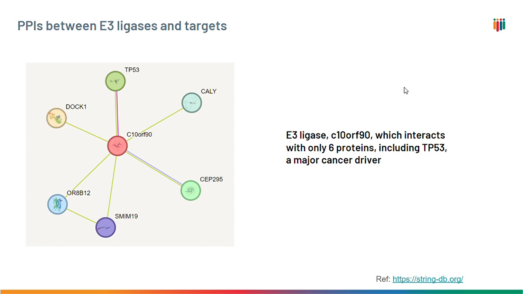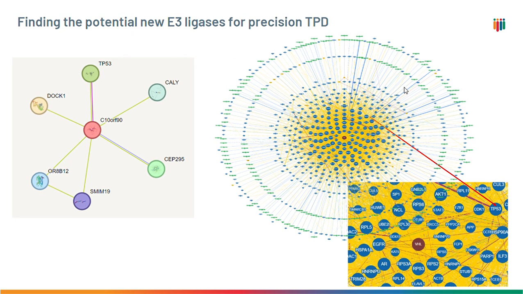What we did was look at this substrate and try to find whether any existing E3 ligase used in the PROTAC system degrades TP53. We found there are a couple of E3 ligases used in the PROTAC system, like VHL and others, and one of their substrates is also TP53.